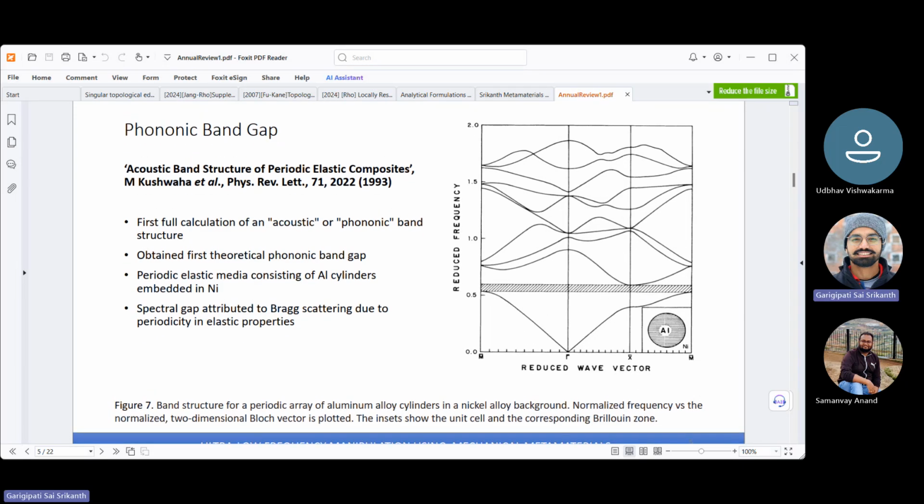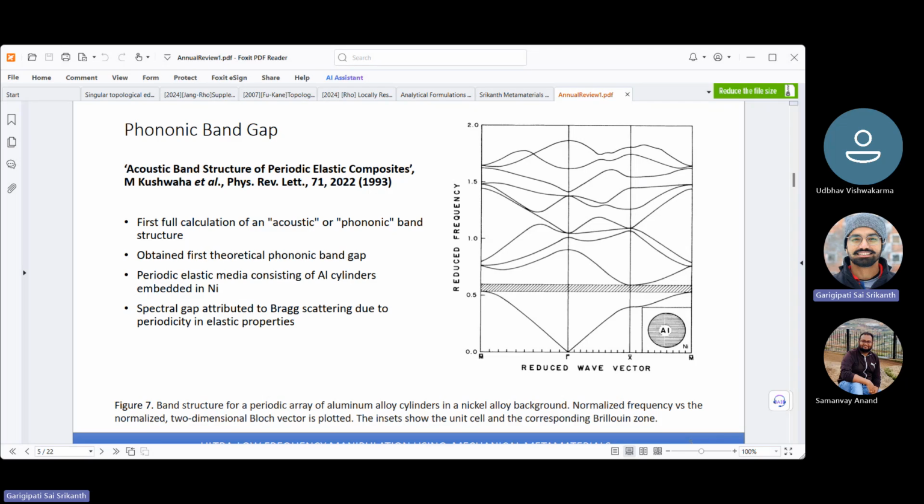In the corner, we see a unit cell in this figure. There is an aluminum-based cylindrical inclusion inside nickel, and then this unit cell is periodic. What they are showing here is that the shaded region is a band gap.